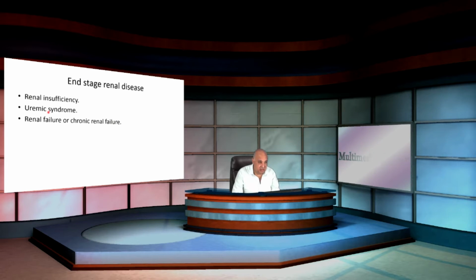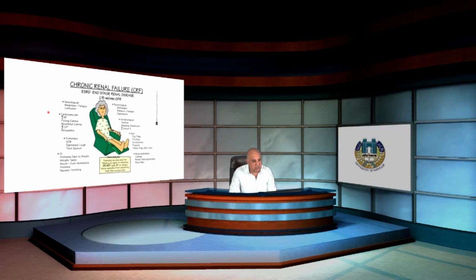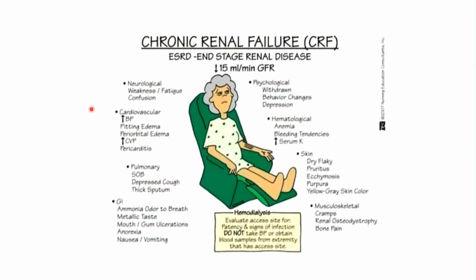In this case, there are clinical manifestations, and it could lead to what we call chronic renal failure. The clinical manifestations of chronic renal failure affect many systems in the body, such as the cardiovascular, pulmonary, GIT, hematological, etc.